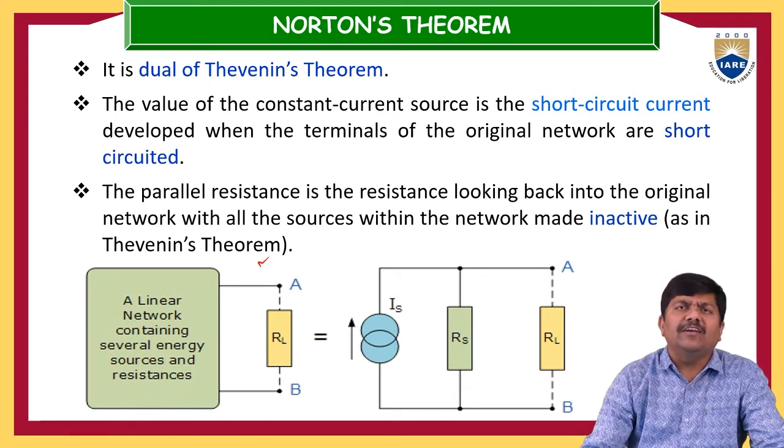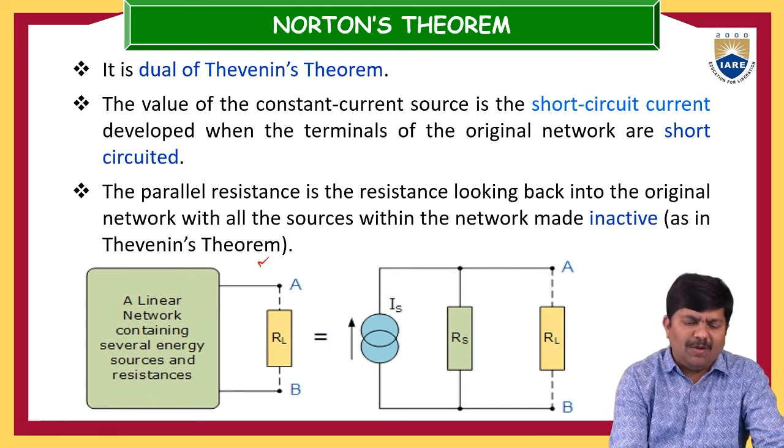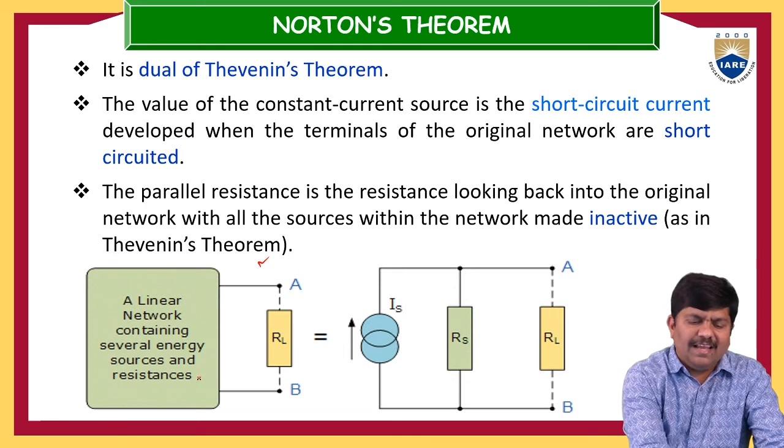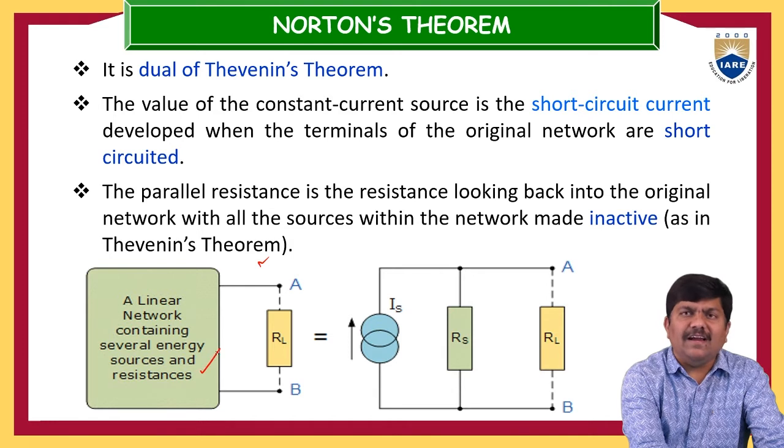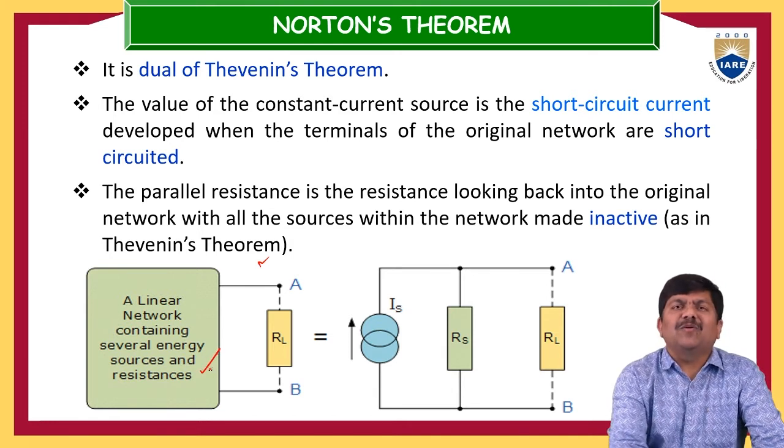Then immediately after identifying that, you have to mark the terminals as load terminals, pull that particular branch out of the network, and push the entire network except that load into a block. This is nothing but a linear network containing several energy sources and resistances. Like this we are going to form it.